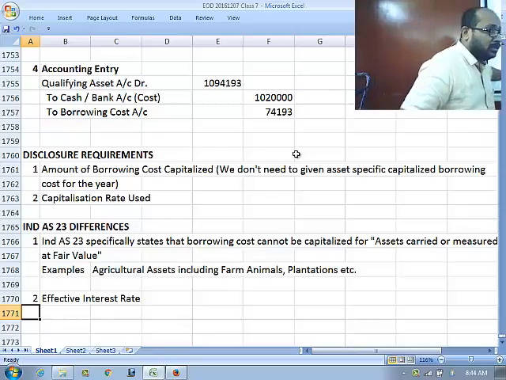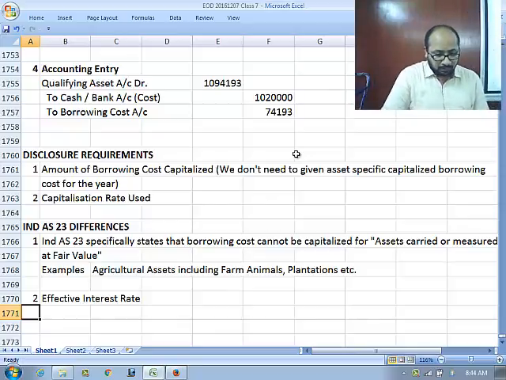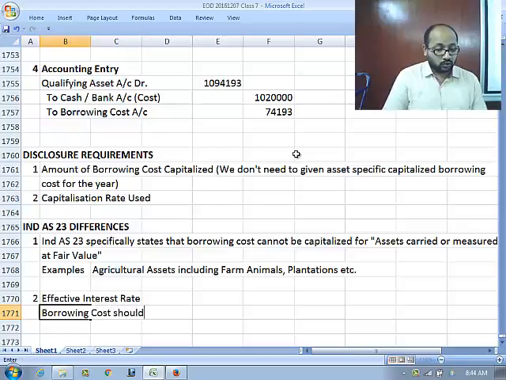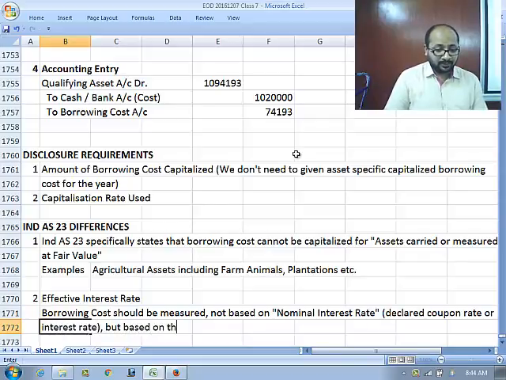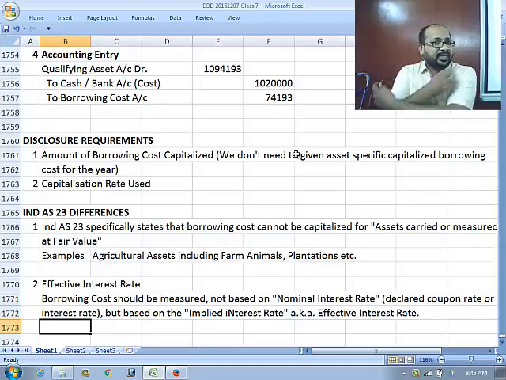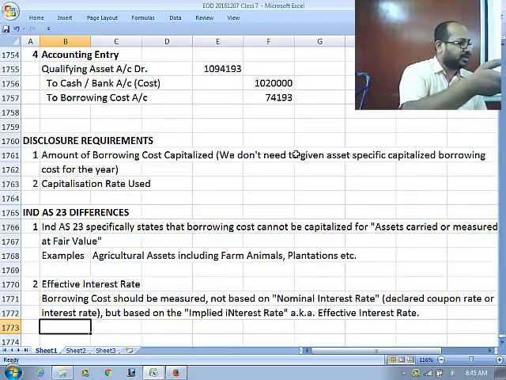So IND AS number 23 states that borrowing cost should be measured not based on nominal interest rate, that is declared coupon rate or interest rate, but based on the implied interest rate, also known as the effective interest rate. I'll just give you an example. Effective interest rate is not the declared rate.